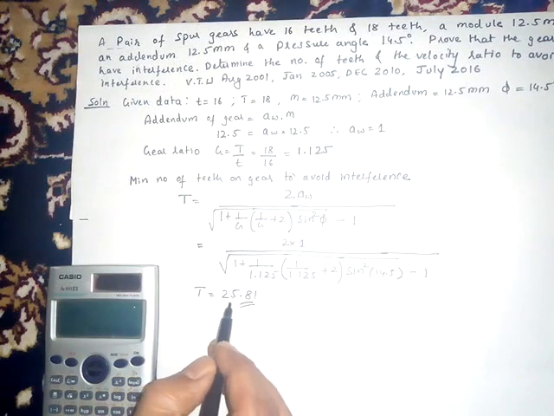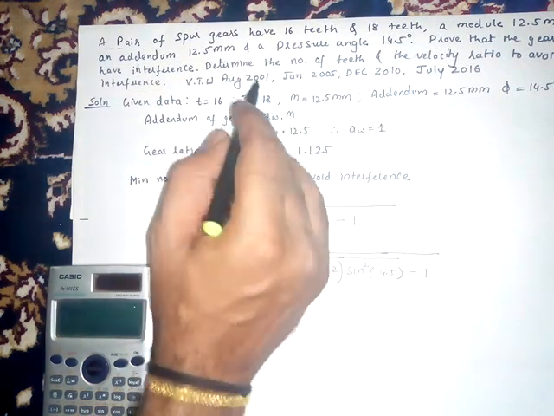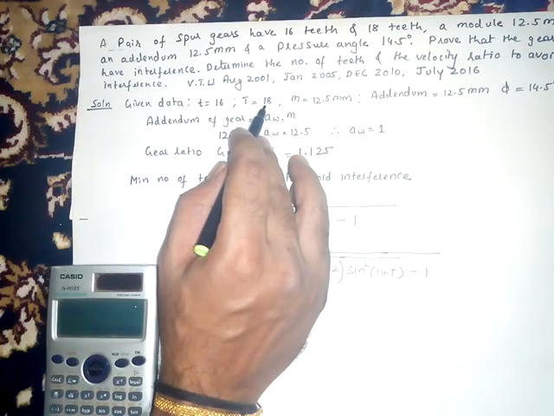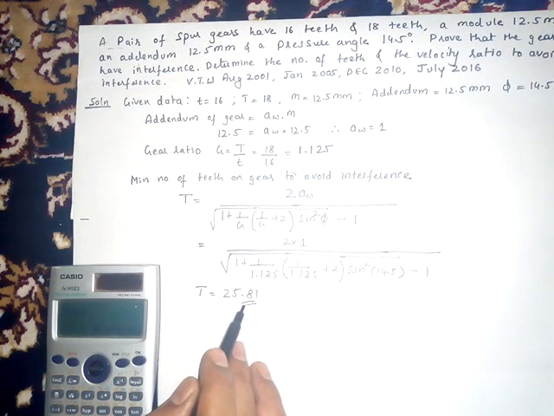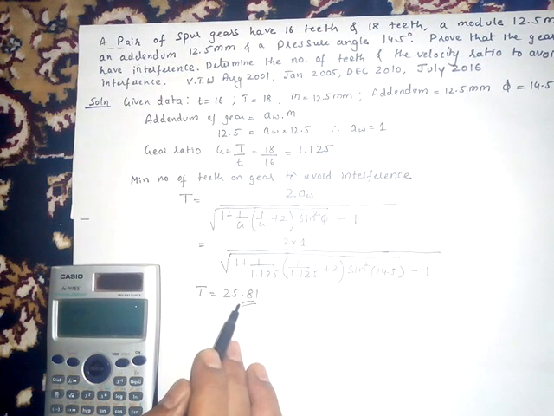So the required number of teeth is 25.81 and the one which is existing is 18. Since 18 is less than 25.81, it is evident that there is interference.